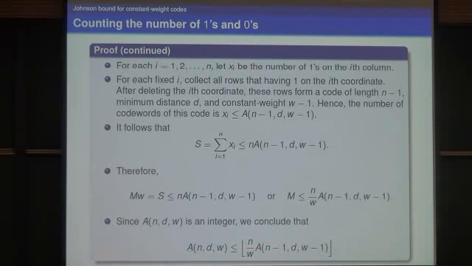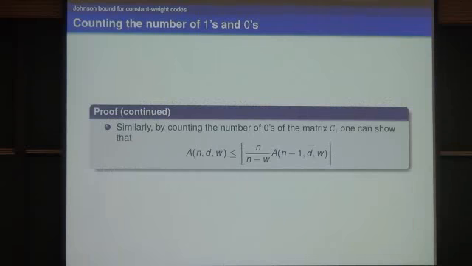So this proves the first bound in the Johnson bound by counting the number of ones. And by counting the number of zeros, we get the second upper bound. So this is a kind of induction. Whenever you have an upper bound on the smaller length, you get an upper bound for the larger length.